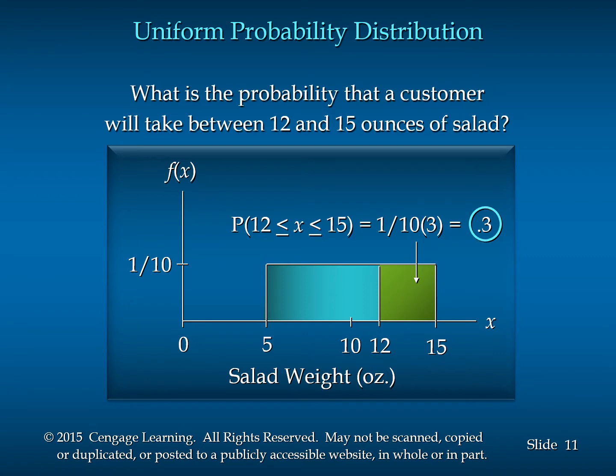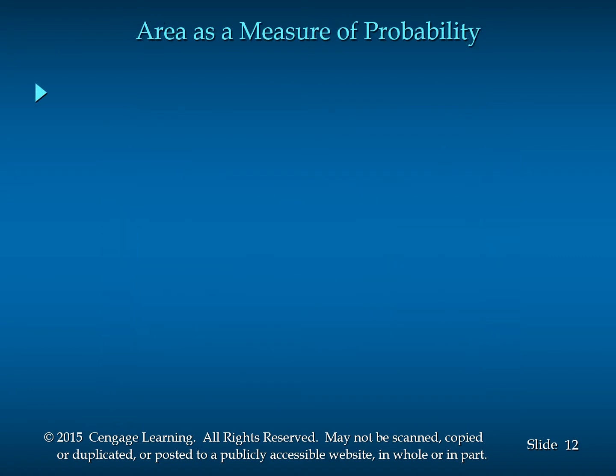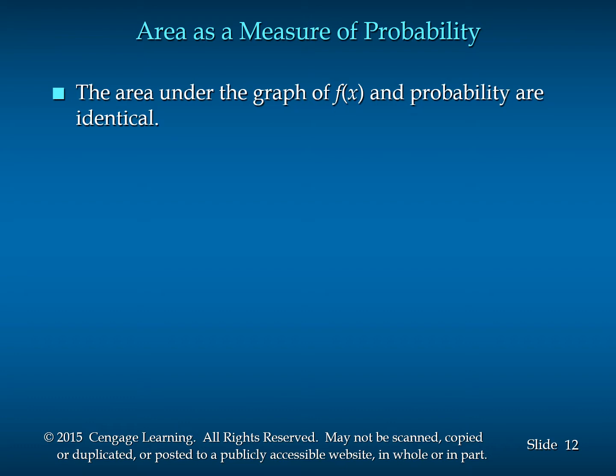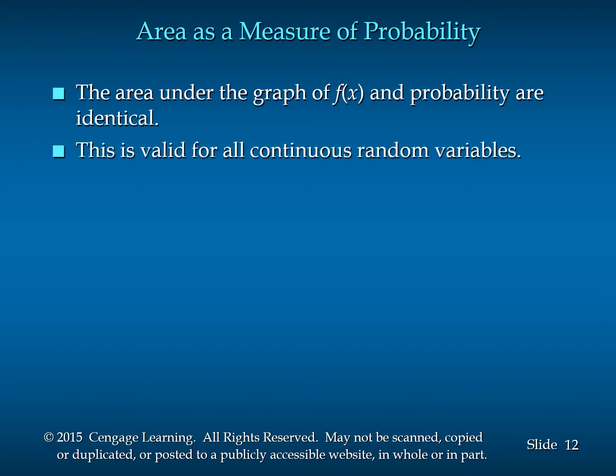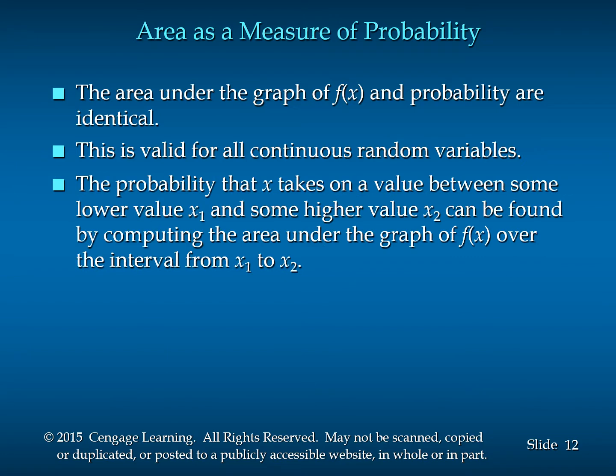In this case, the interval represents 30% of the total area, or the probability of being between 12 and 15 ounces is 30%, or 0.3. We will use this concept of area under the curve as we consider other probability distributions.